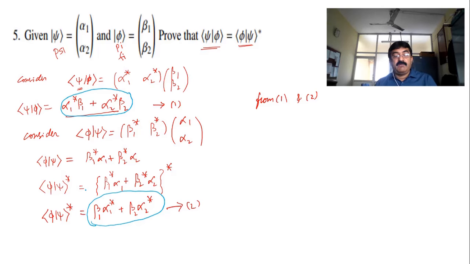Alpha 1 star beta 1, alpha 2 star beta 2. Therefore we can say bra psi ket phi, that is the inner product, is equal to the complex conjugate of the inner product of phi psi. Hence, this is what we were supposed to prove. So we have proved it. Hence the proof.